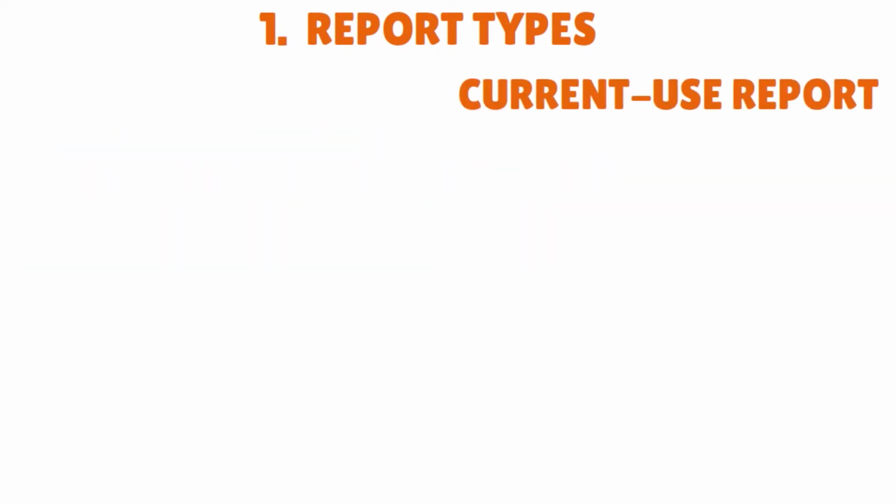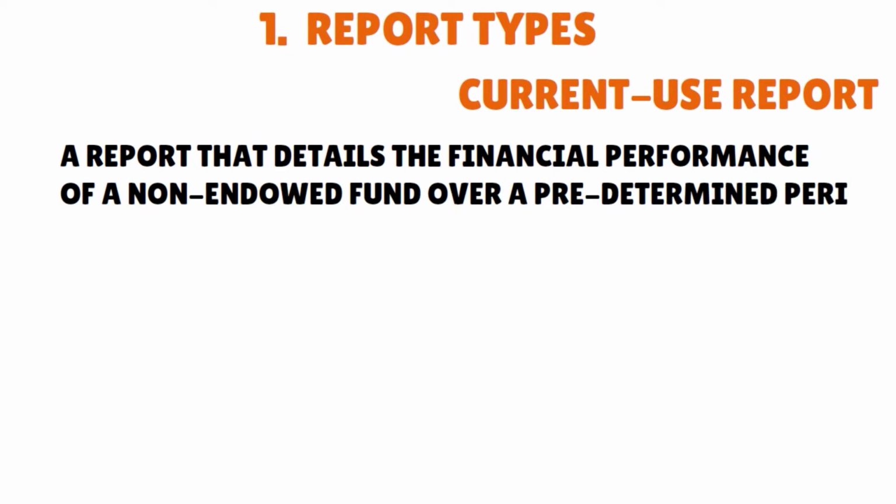Now let's talk about current use report. Now, current use report is another report that a lot of charities use based on the particular goal they're trying to reach. And a current use report is an exposé that talks about the financial performance of a non-endowed fund over a predetermined period. Again, here the length of time we're talking about is usually 12 months.